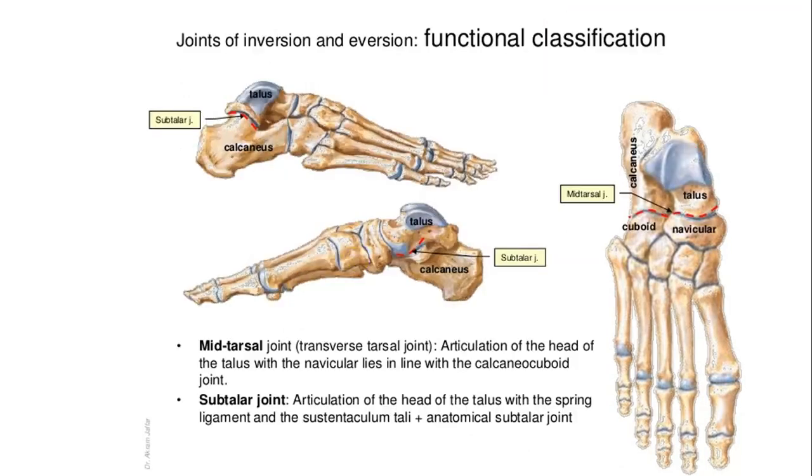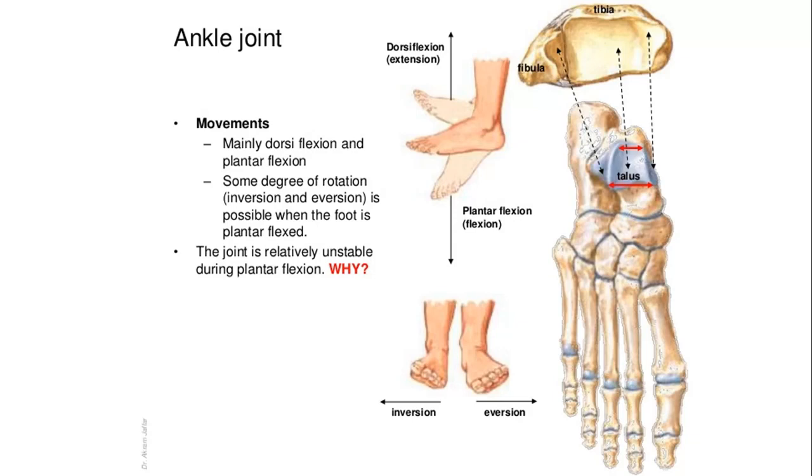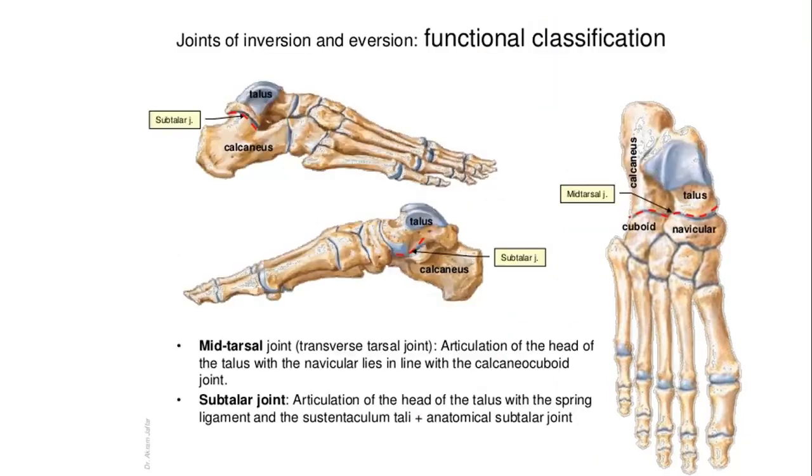Now the joints of inversion and eversion, that is the mid-tarsal and subtalar joints. We will discuss these joints separately, but for the purpose of description they are given here. The mid-tarsal joint is between the head of the talus and the navicular, lying in line with the calcaneocuboid joint.